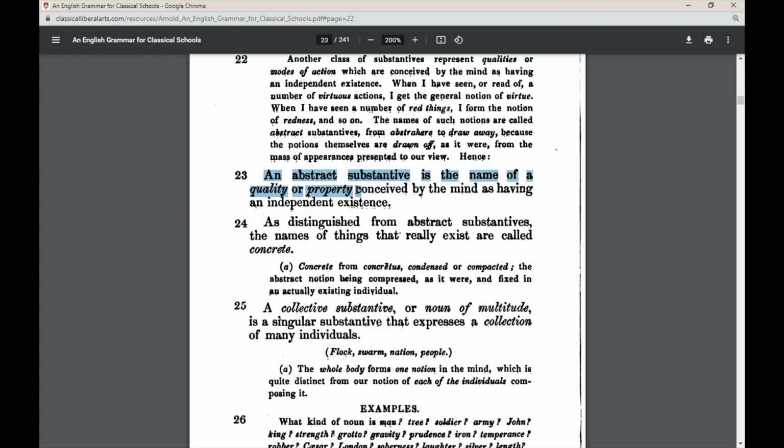Notice how that relates to the idea of an adjective, but it's not an adjective, it's a substantive. An abstract substantive is the name of a quality or property conceived by the mind as having an independent existence.